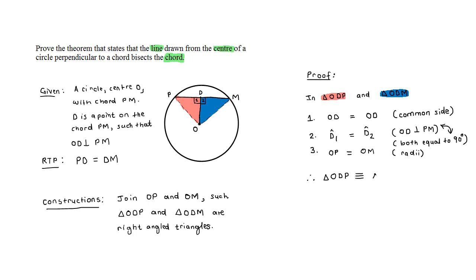So let's do that for this one. So we're going to have triangle, right? Now O is going to be this angle over here, which is basically going to be congruent to this angle. So you're just going to write O. D is that angle D1, which is equal to angle D2.